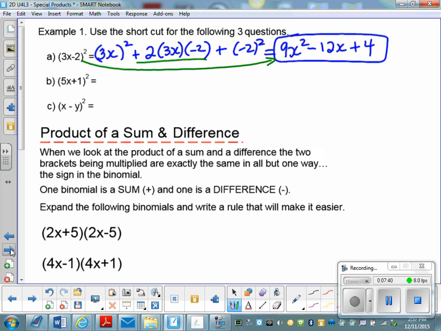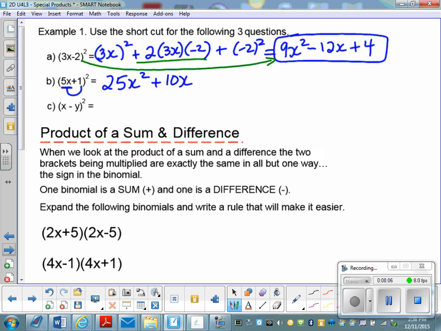So in this one here, I have to square the first term. So 5x times 5x gives me 25x squared. Then I have to do 5x times 1. So these guys are multiplied together. That just gives me 5x. And then I double 5x, and I get 10x.